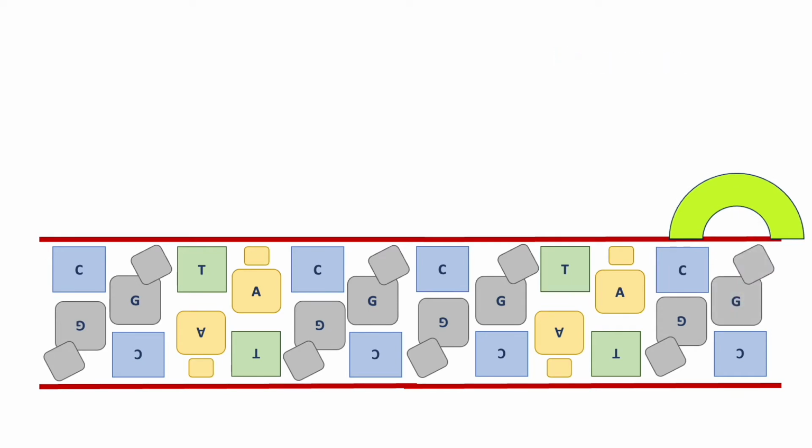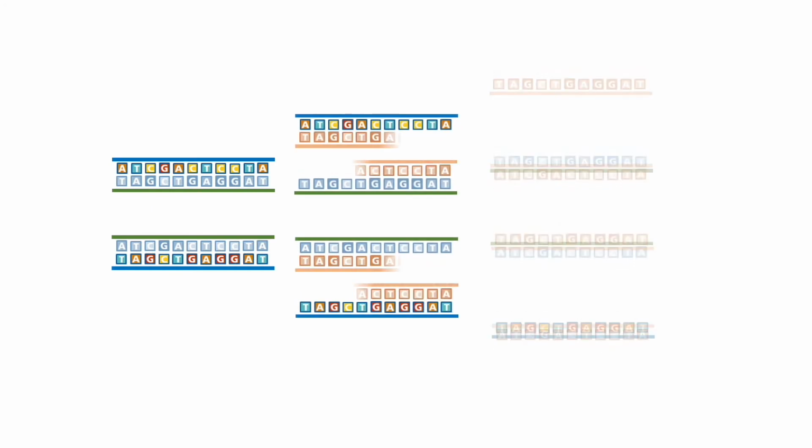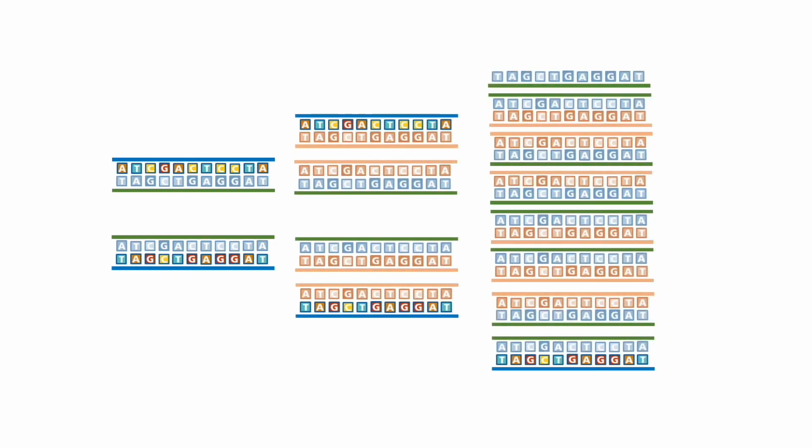And the cycle repeats over and over again. Okay, so denaturation, annealing, extension will keep happening until you reach the final cycle.